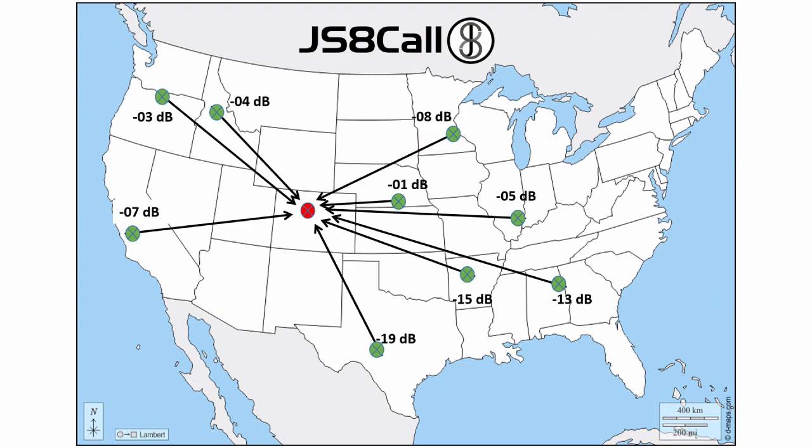So right now, this Colorado station, he can pretty much reach north, from west to east, north, but to the south and southeast, a little weaker. They're copying him at -19 dB in Texas, -15, -13. So this gives them a really good understanding, a mental picture of how his signal's doing and where he's reaching and who's on the air.